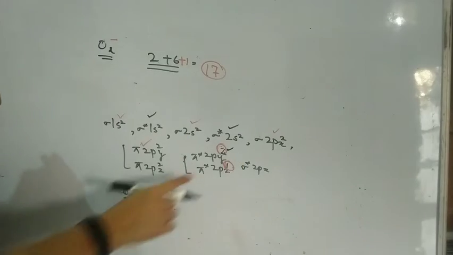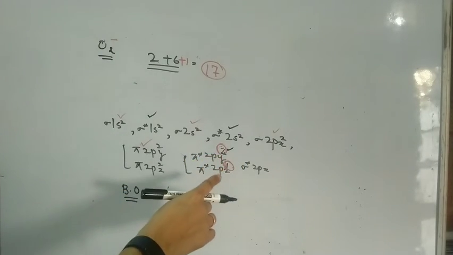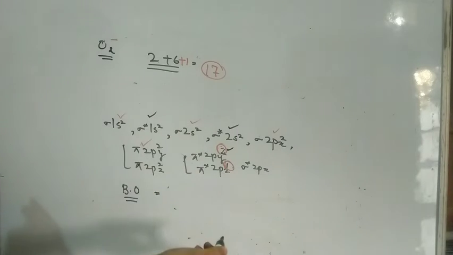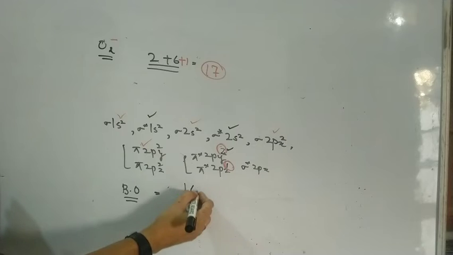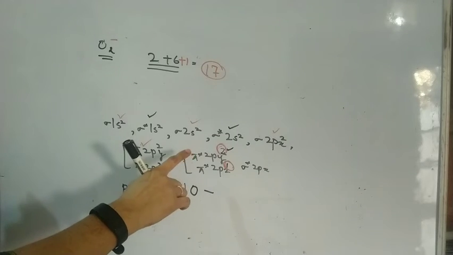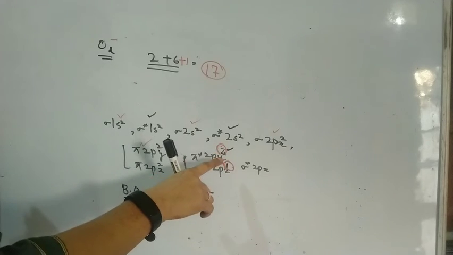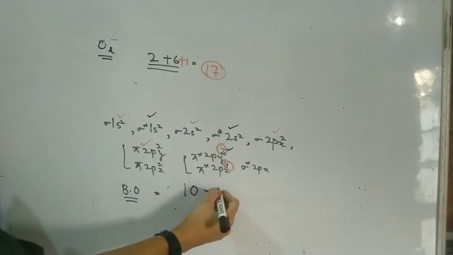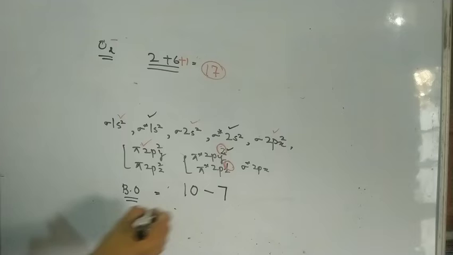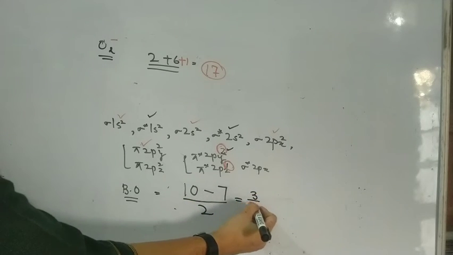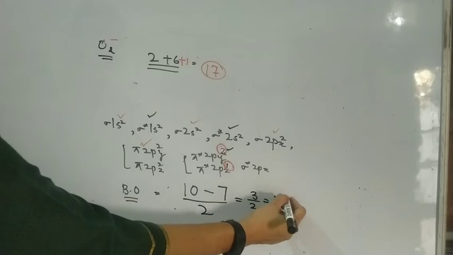So here there will be 2. Now see, we were having 10 bonding orbitals and now we are having 2, 4, 6 and 7 anti-bonding orbitals divided by 2. So here we will be having 3 by 2, that means 1.5.